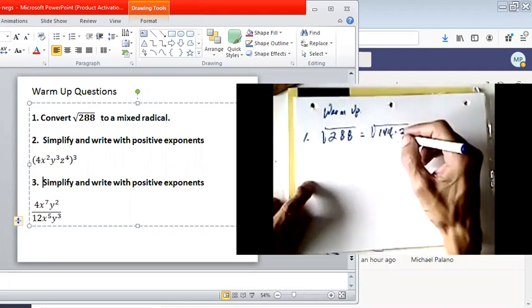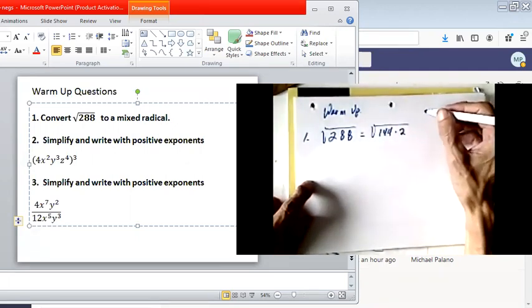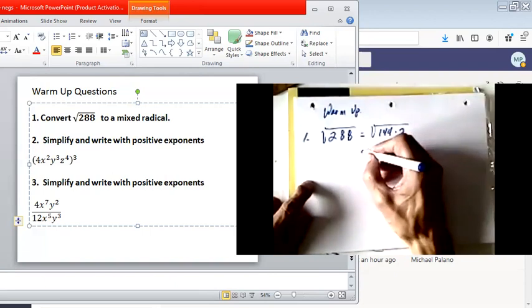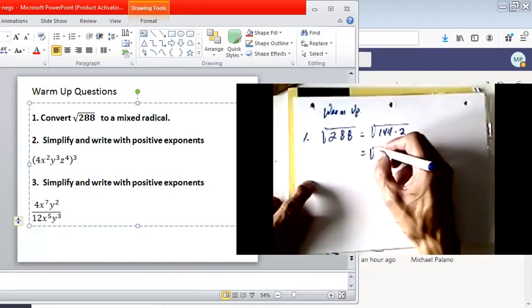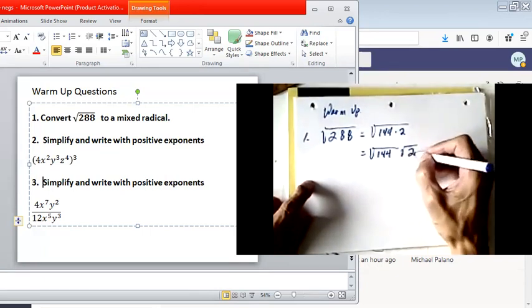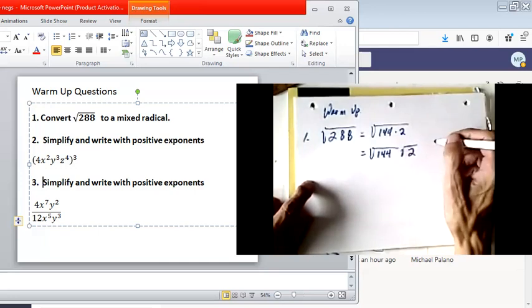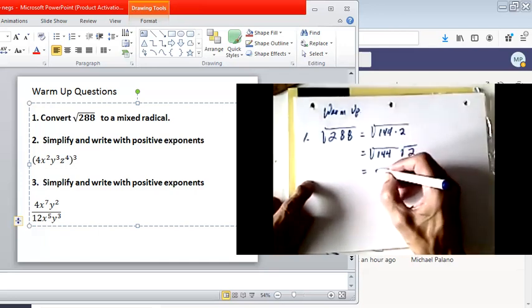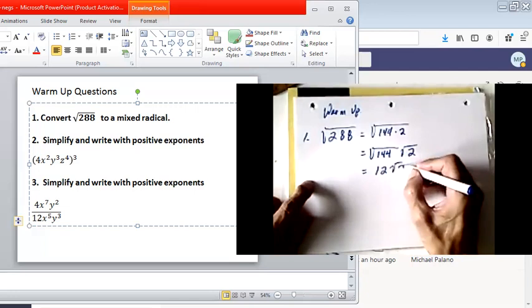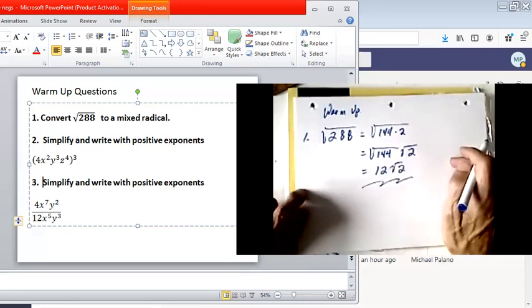What makes this special is that 144 is a square number. And so that means you can write it like this: the square root of 144 and then a 2. You can split up the square root. Well, what's the square root of 144? 12. Give them the final answer like that.